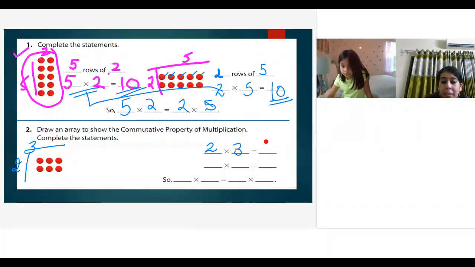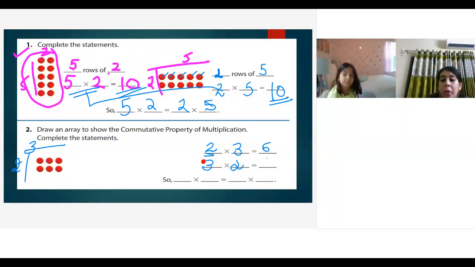The answer is 6. Now if I say use the commutative property, what should you do? You change the positions. So 2 becomes 3 and 3 becomes 2. The answer comes out to be 6.